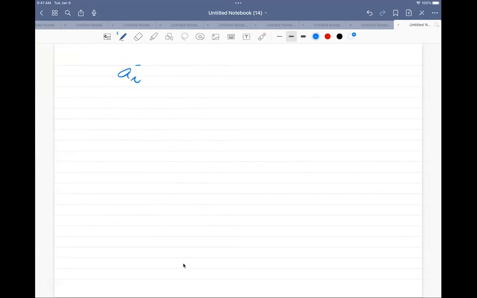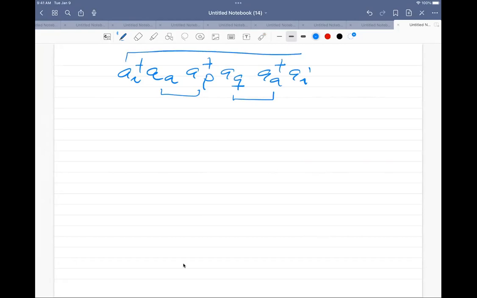So I have an AI dagger, and I'm going to write it in this more compact notation. AQ, and then AA and AI. So here, if these are particle states, then this is non-zero, and then I have this contraction here. But then I can let the operator move into the hole states.